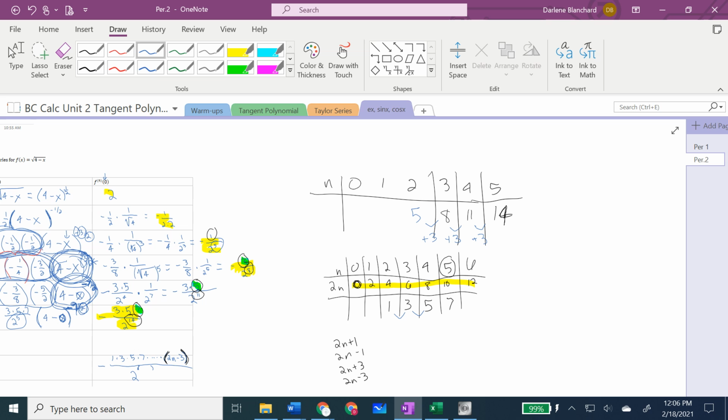Linear pattern means a linear equation, a line equation. You might think of it as mx plus b, or maybe ax plus b. But in this case, the variable's n, so an plus b.